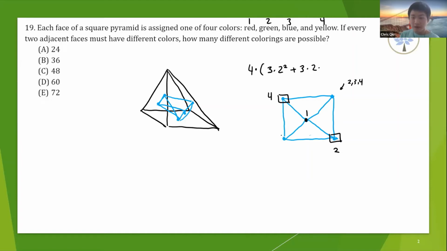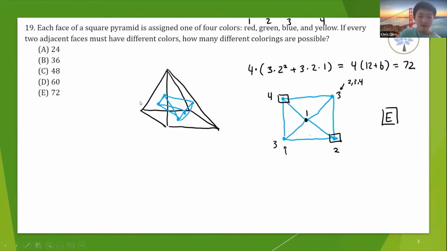And then we have 2 dots remaining, which we wish to color with one of these 4 colors, except now for each of these 2 dots, we may not use colors 1, 2, or 4. So we're forced to use color 3 for both of these dots. And so there's only one way remaining, and that is to color both of these dots with a color that has not been used in any of these 3 dots. And this gives us a final answer of 4 times 12 plus 6, which is 4 times 18, which is 72. So the answer is E.